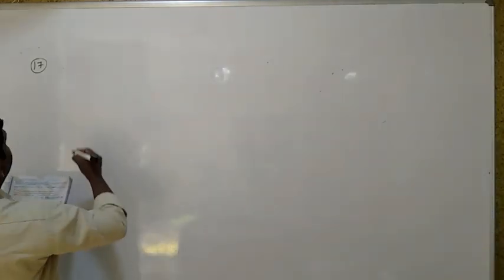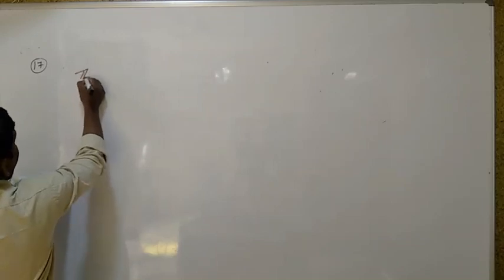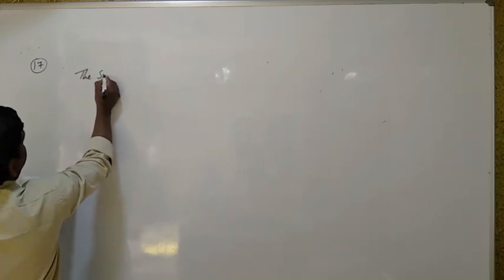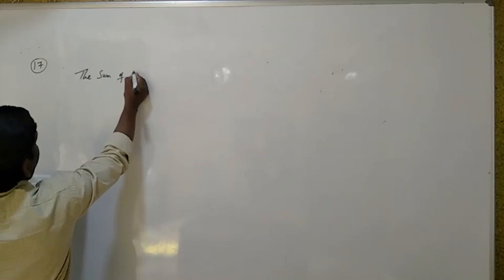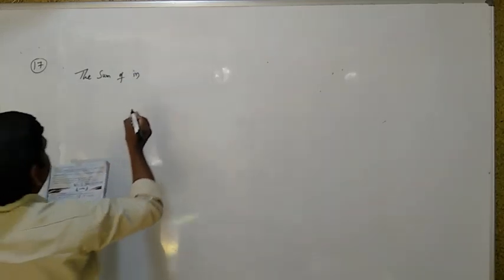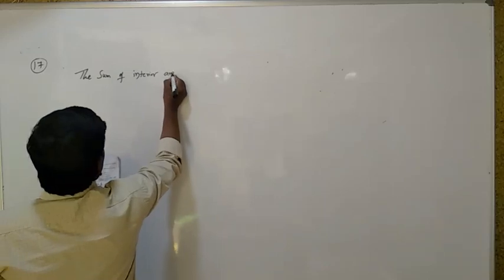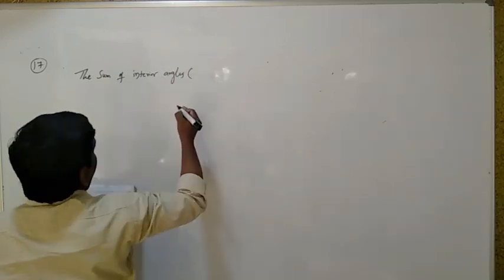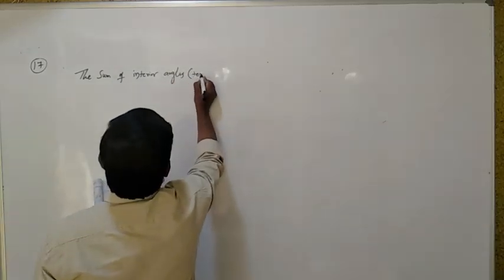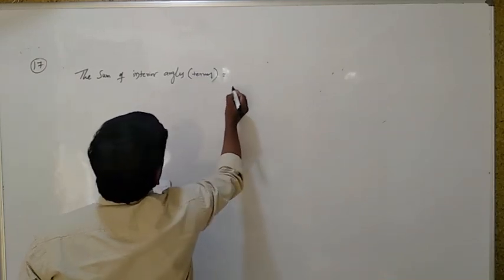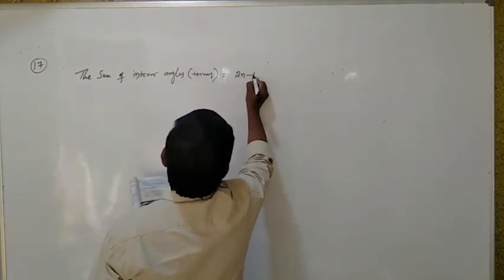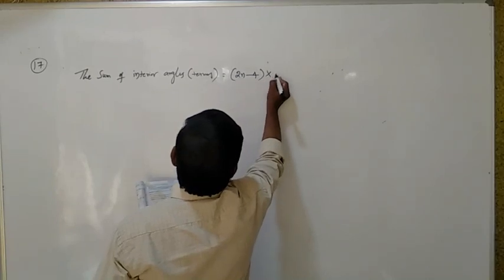The sum of interior angles of a polygon, in brackets taken as n terms, equal to (2n minus 4) into 90 degrees.